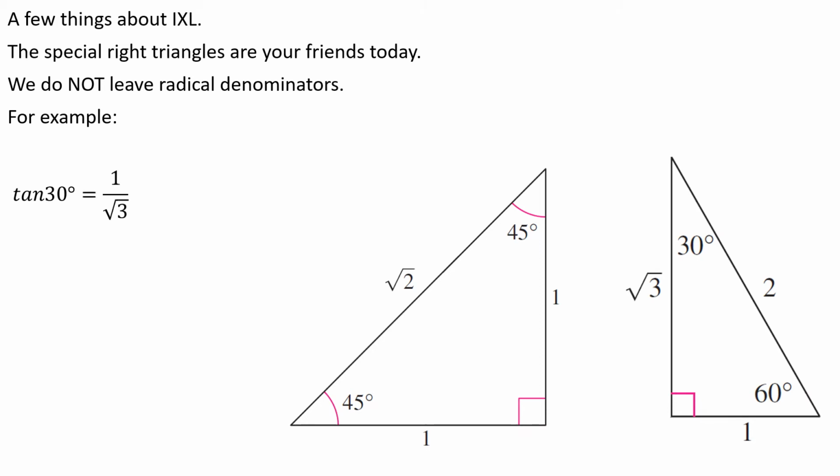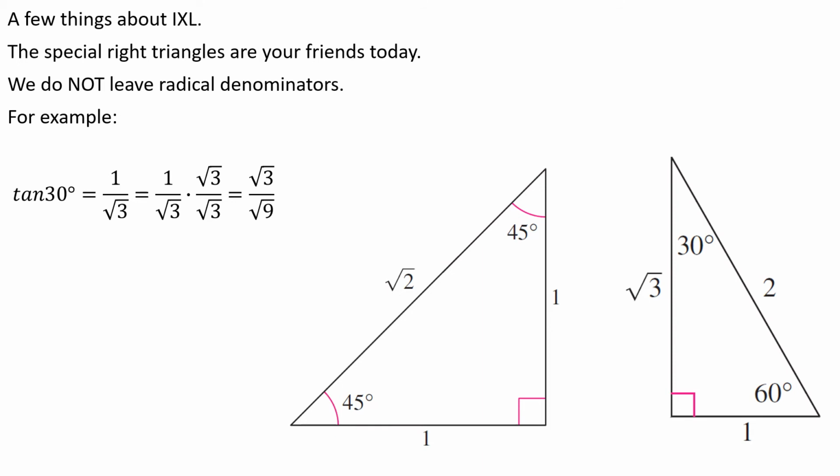Well, if I'm at a 30-degree angle, opposite over adjacent is going to be 1 over square root of 3. Can't leave a square root in the denominator, right? So I've got to multiply by the number 1, but the number 1 is going to be in disguise as root 3 over root 3.